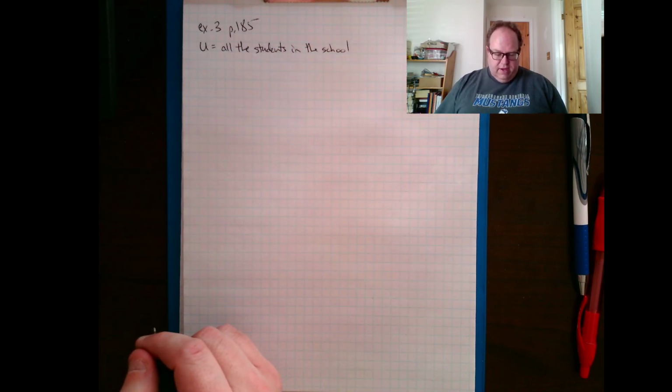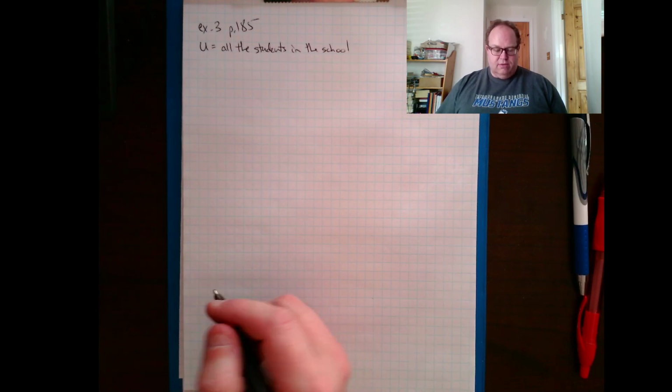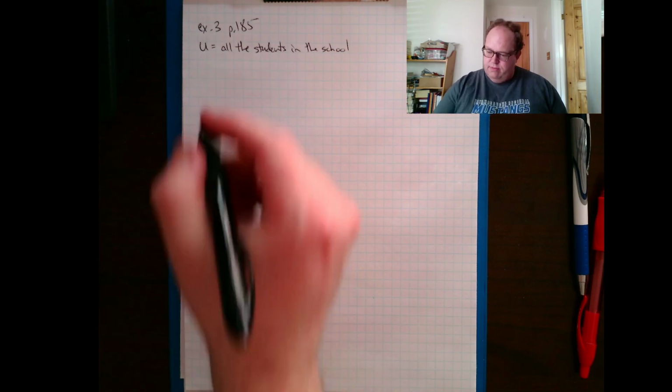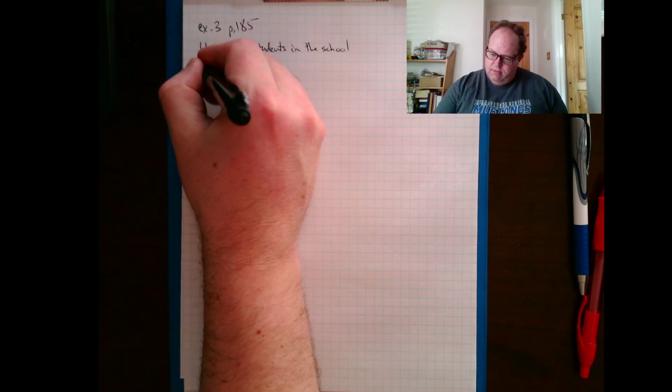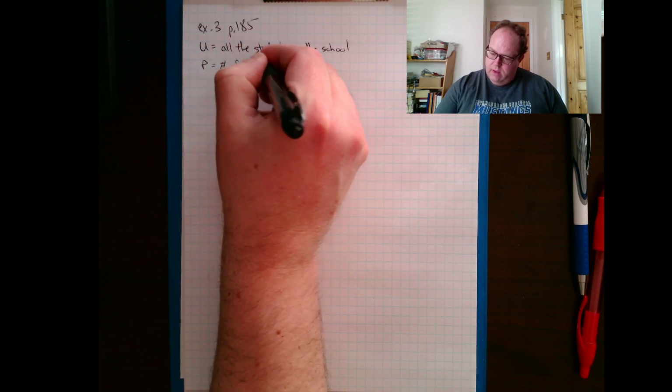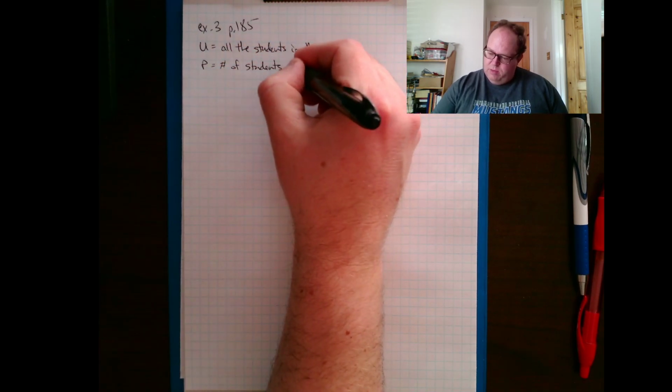And they are surveyed about whether they're using public transit, cycling, or walking to school, as far as green transportation goes. So I'm going to use P to be number of students using public transportation.